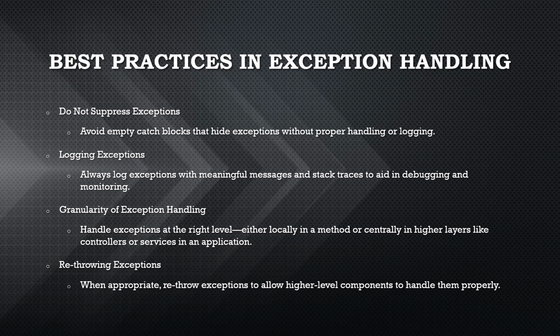Decide whether to handle exceptions locally within a method or at a higher level, like in controllers or services, to maintain clarity and organization. Lastly, consider rethrowing exceptions when appropriate, allowing higher-level components to handle them and ensuring that the application's flow remains intact. By following these practices, you can create more maintainable and user-friendly applications.